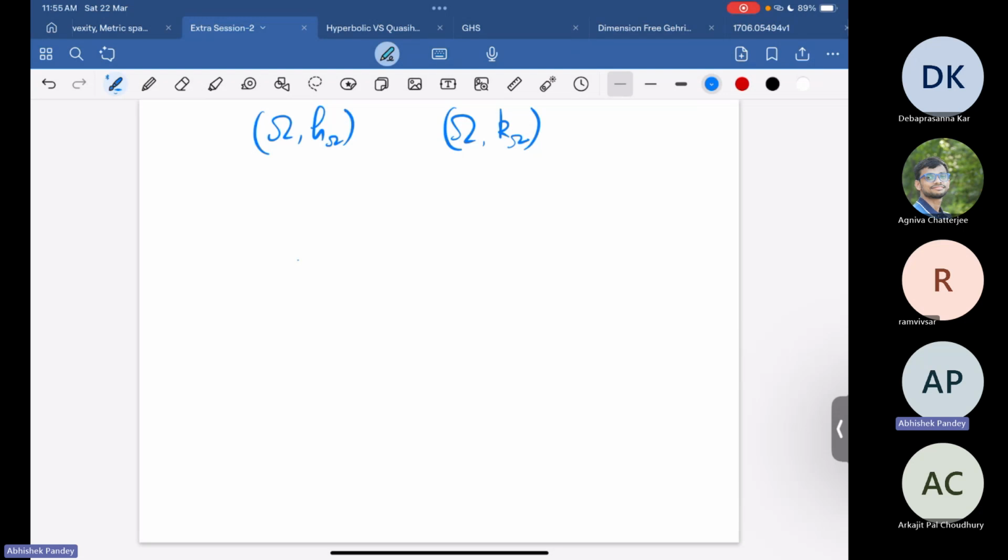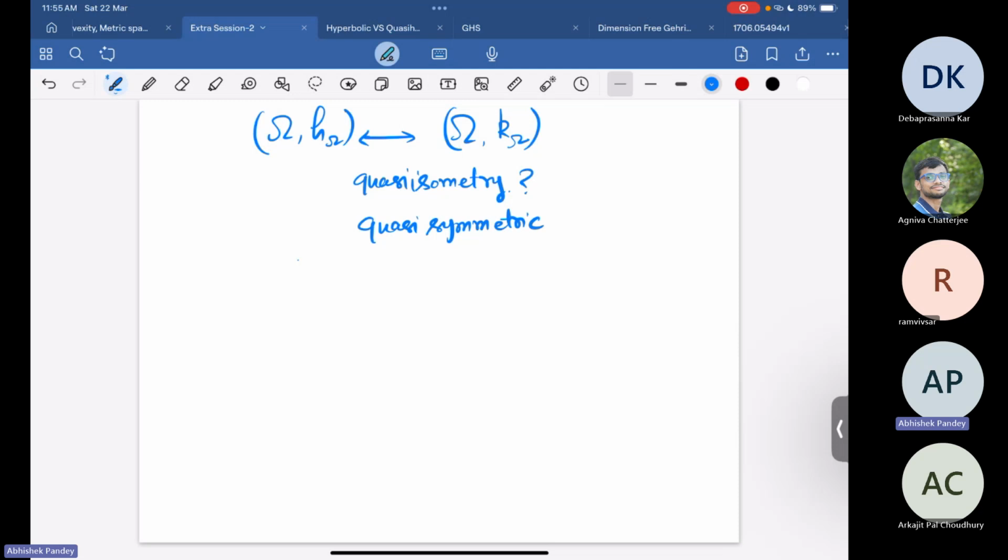What about the other kind of equivalence, when the identity map is, let us say, a quasi-isometry? The other is quasi-symmetric.